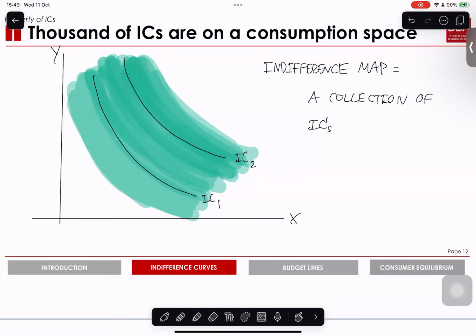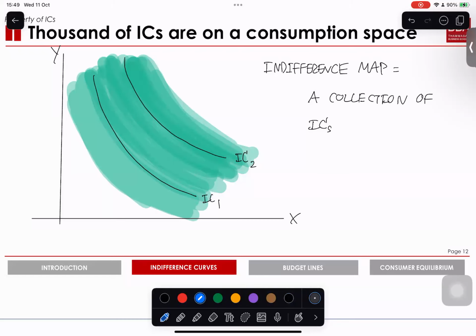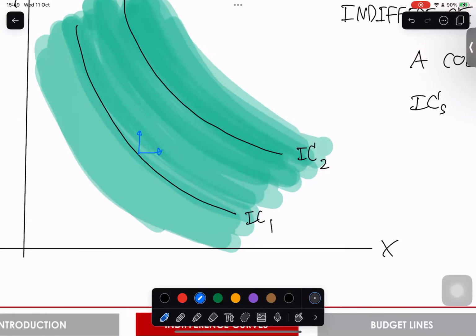You know, that's why it's quite logical to do it like this. If this guy first stays on this IC1, and you give him more of good X, more of good Y, he will travel to the better one like this.